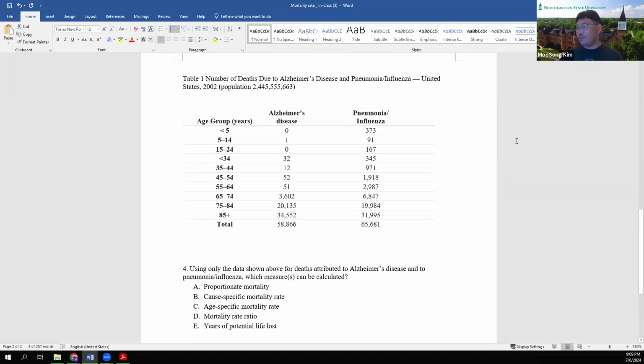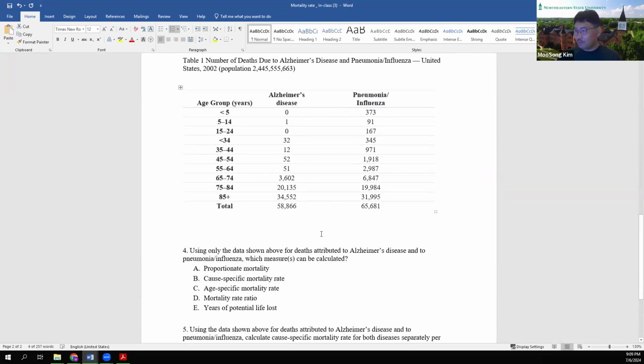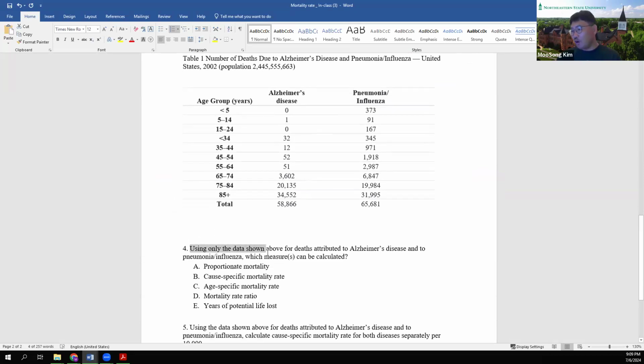Table 1, number of deaths due to Alzheimer's disease and pneumonia and influenza, United States 2002. Using only the data shown above, the deaths attributed to Alzheimer's disease and to pneumonia and influenza, which measures can be calculated? Here is the age group, and here is the number of deaths from each disease.